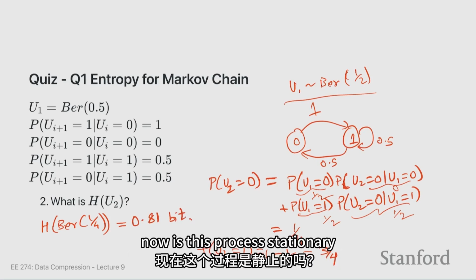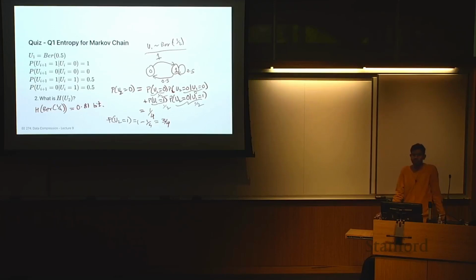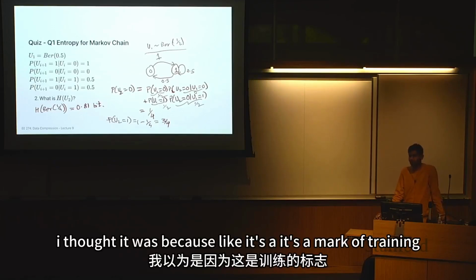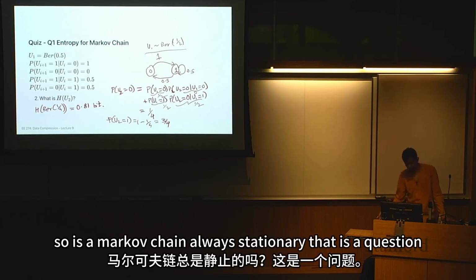Now, is this process stationary? Anyone? I thought it was because it's a Markov chain, so I guess it's already stationary. So is a Markov chain always stationary?